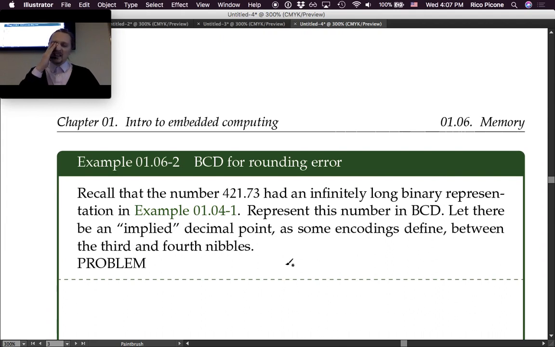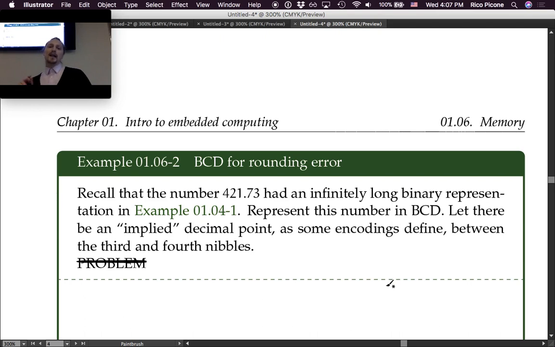So, BCD for rounding error. Recall that the number 421.73 had an infinitely long binary representation in that example that we did. Represent this number in BCD, and we are going to find that we can do that without having to chop off any digits, which is nice.